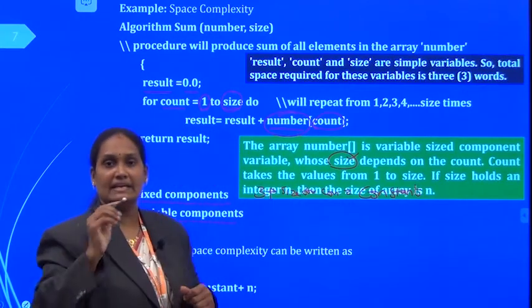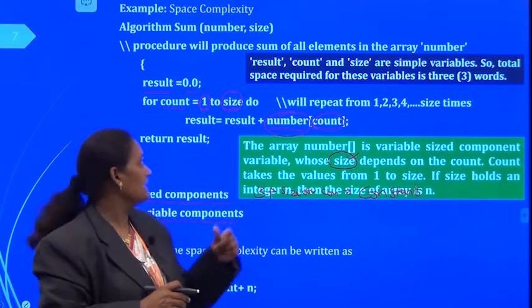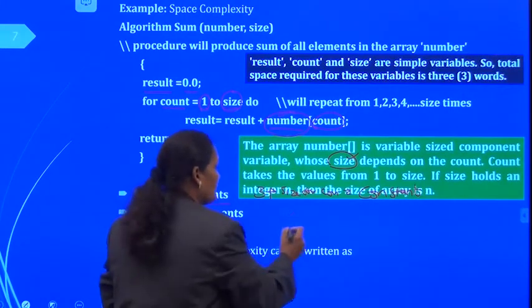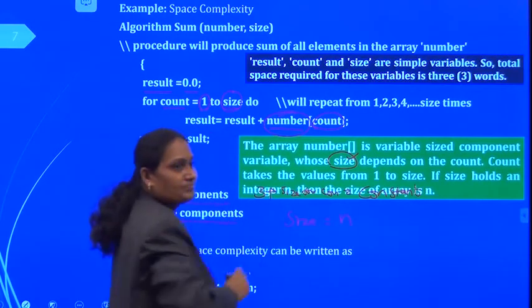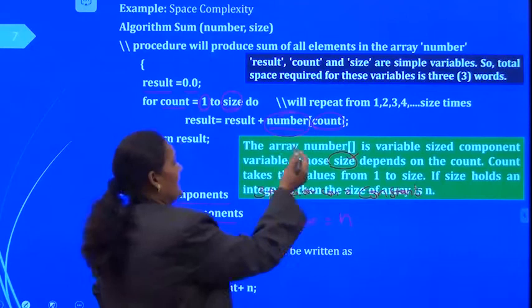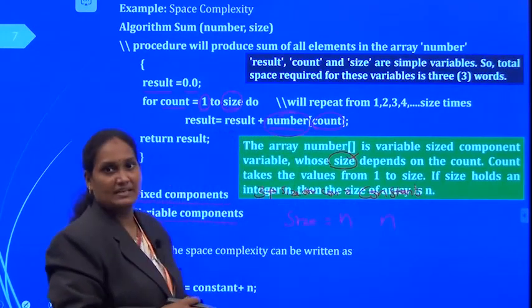So, it is a variable sized component variable. Suppose I represent size is equal to n. In this case, the array size becomes n.